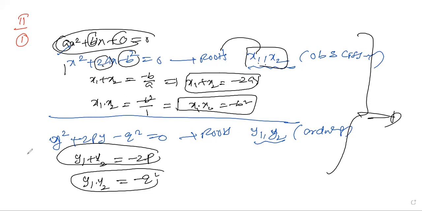But they are asking us to find the equation of the circle with AB as a diameter. I think we know A is x1 comma y1 and B is x2 comma y2.